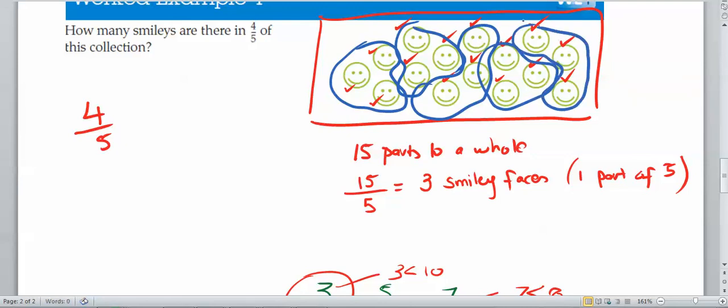So what we've now worked out is that if we were splitting this up into 5, then each part is going to be equal to 3 smiley faces.